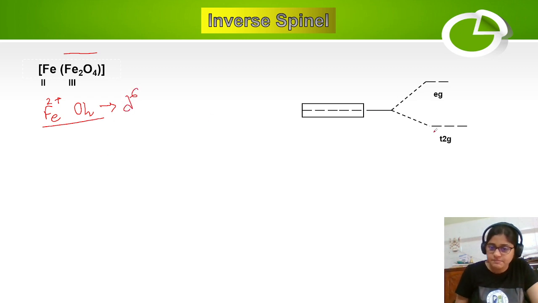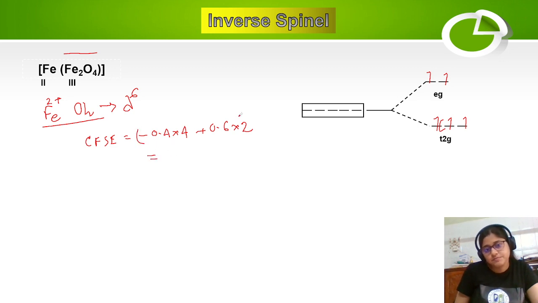This is a d6 system, right? So 1, 2, 3, 4, 5 and 6. So CFSE will be minus 0.4 into 4 plus 0.6 into 2, which is equal to minus 1.6 plus 1.2, which means minus 0.4 Δo, and we will take only the mod value, so it will be 0.4 Δo.